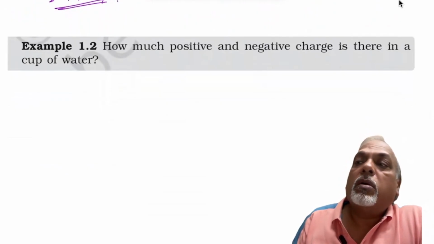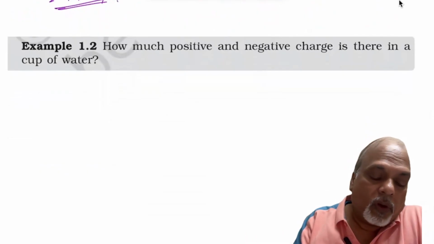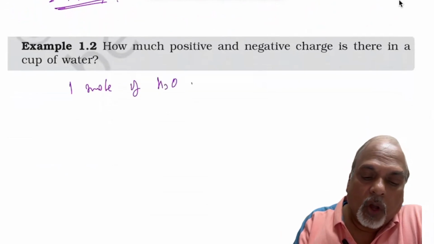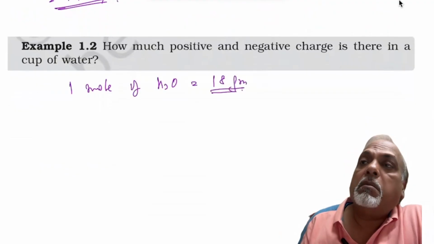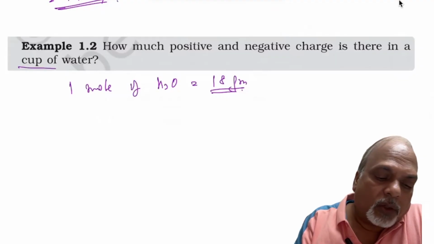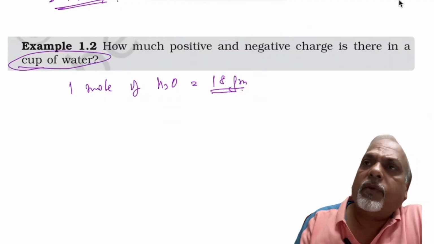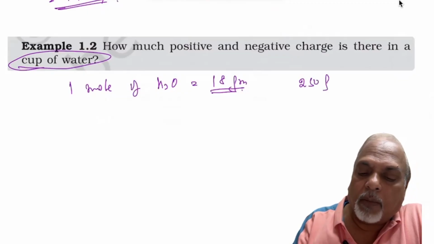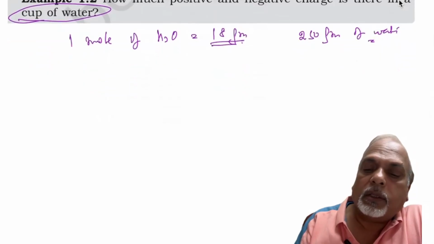In water, we have 1 mole of H2O. How much does it weigh? 18 gram. Suppose a cup of water, actually they have not given the amount of water, we can assume that. Suppose in the cup there is 250 gram of water.